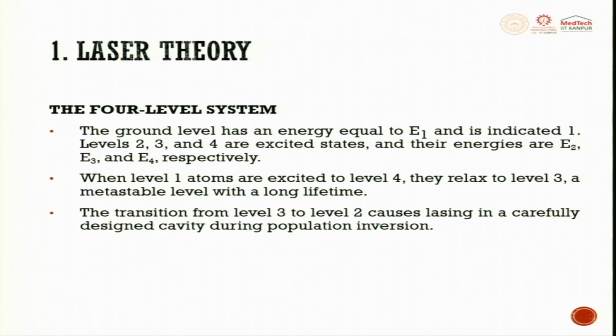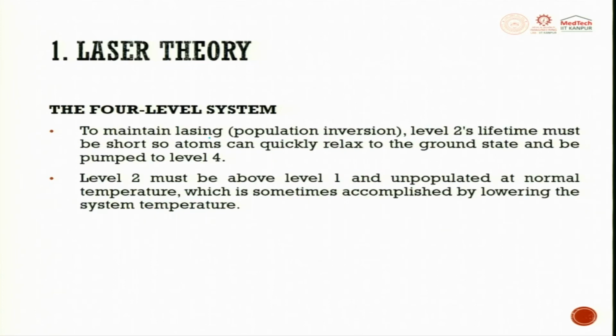Then from 3 to 2 it causes lasing action and then it comes down. To maintain lasing, the level 2 lifetime must be shorter, so atoms can quickly relax to the ground state and go back to level 4. Level 2 must be above level 1 and unpopulated at normal temperature, which is sometimes accomplished by lowering the system temperature. This is where we use heat management as a tool.